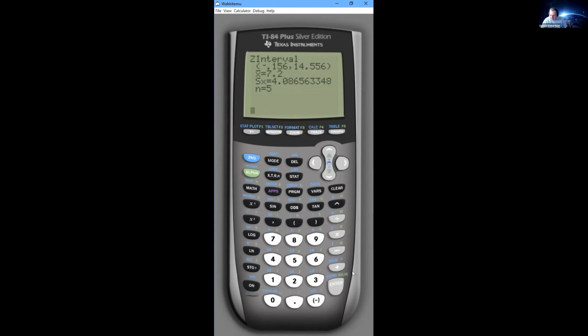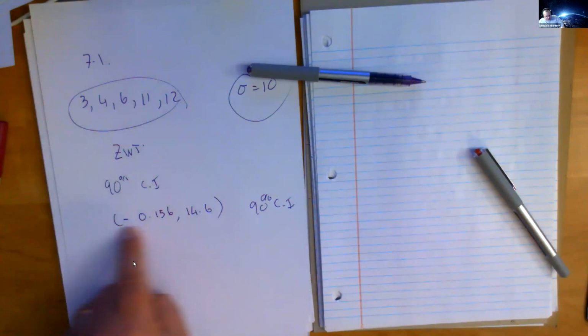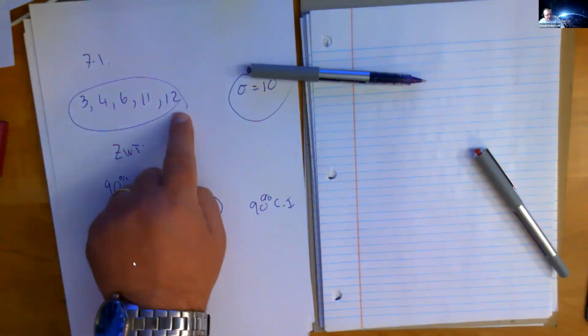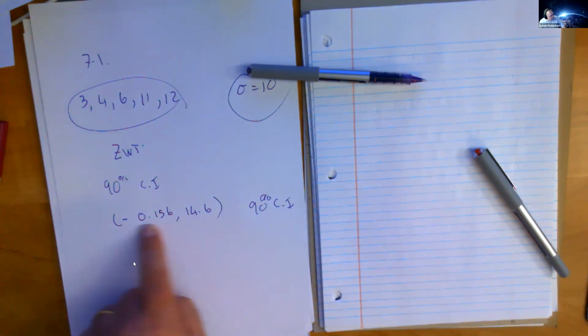Okay, let's see how to interpret that in real terms. The reason that this interval is so massive is that, would you agree, 5 data points is not a very big sample, right? 50 kids would be better than 5. So that's the reason it's so huge.